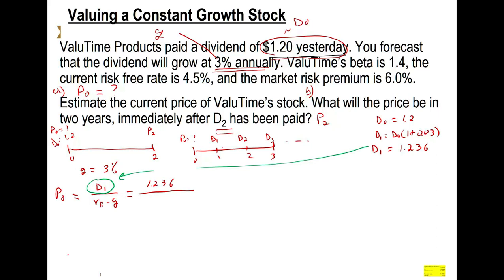To find that, remember you have to apply CAPM. You may recall that CAPM says that your required return would be the risk-free rate plus the beta times the market risk premium. The risk-free rate today, the current risk-free rate, is 4.5%.